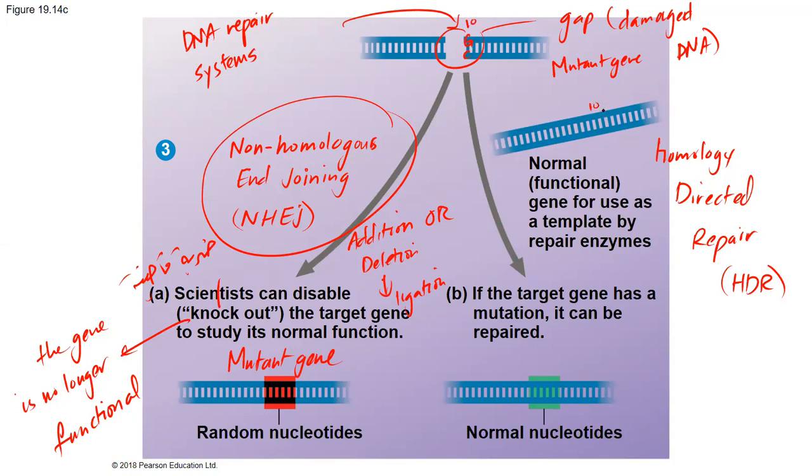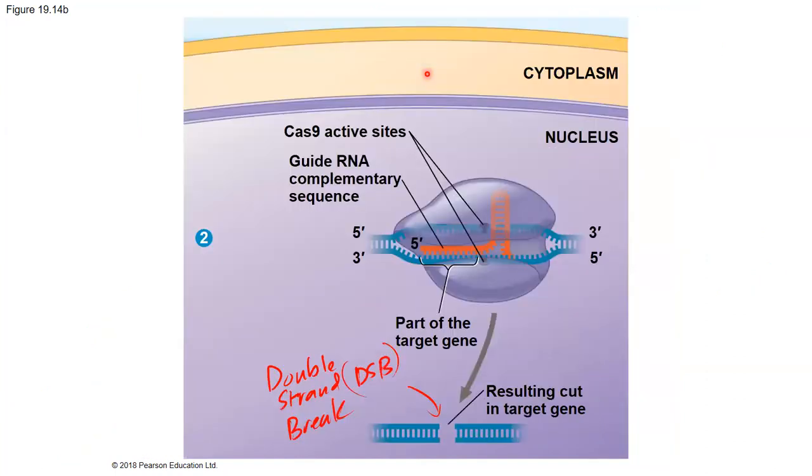Instead of having G and C, we have A and T. So this is a mutant gene, and we want to fix it. Here we have, let's say, a G and a C. This is nucleotide number 10 of the gene. We cut it.